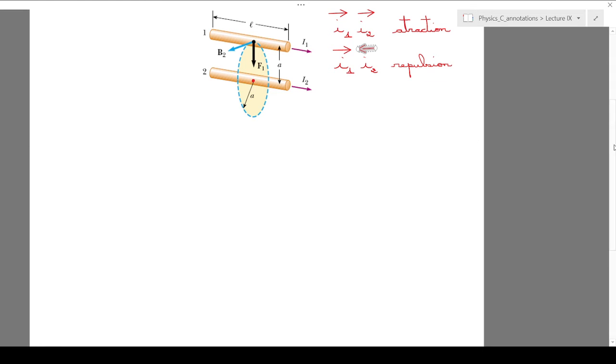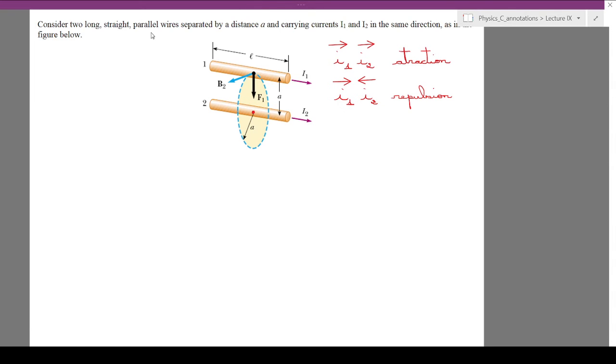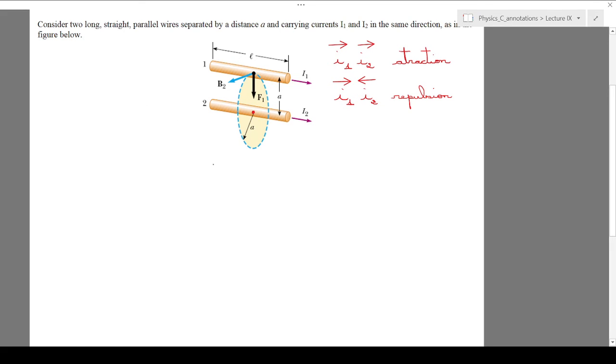So this force F1 here can actually be written as I1 L times the magnetic field, but the magnetic field of this wire here.